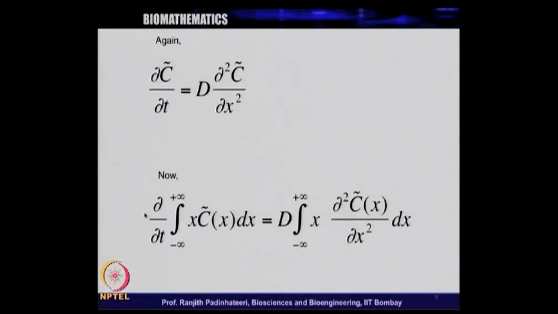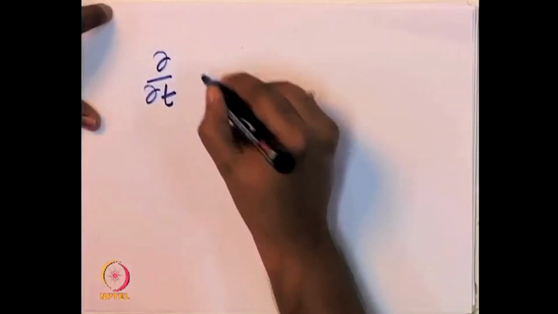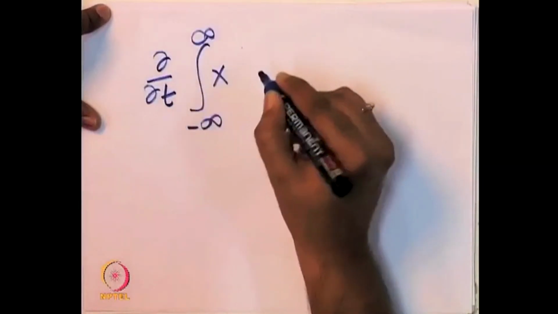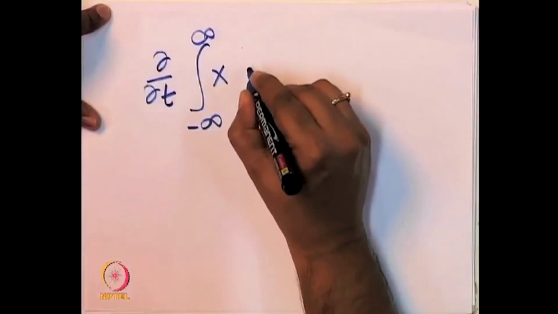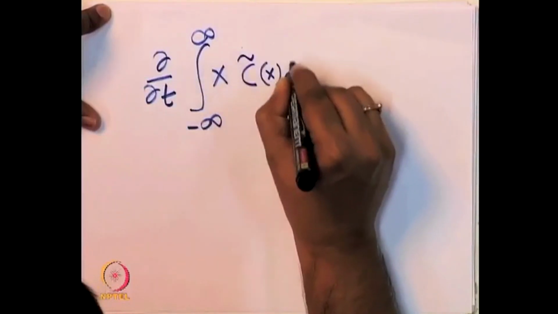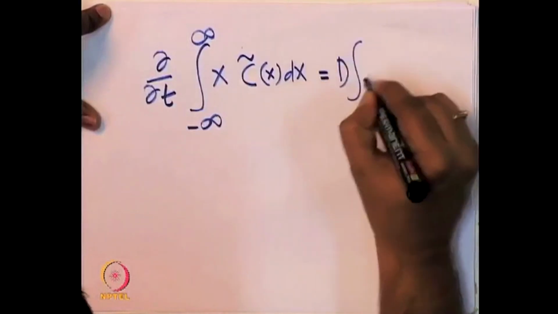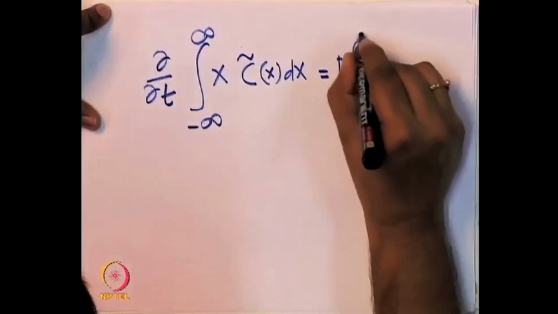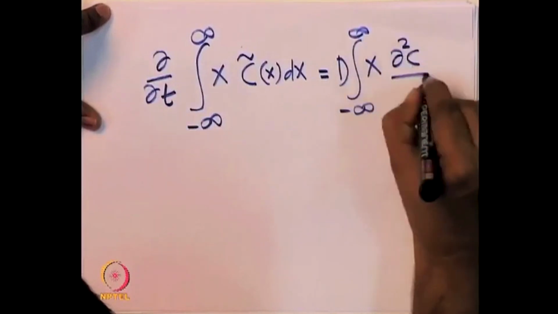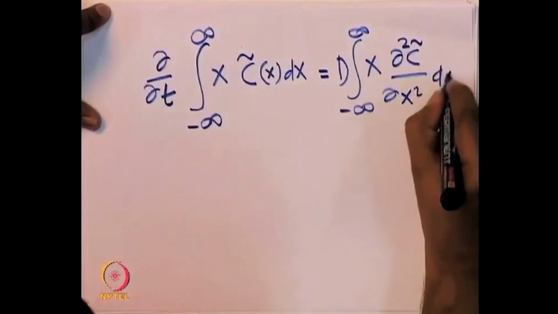We have del by del t of integral from minus infinity to infinity x c tilde of x dx is equal to D into integral x del square c by del x square c tilde dx.